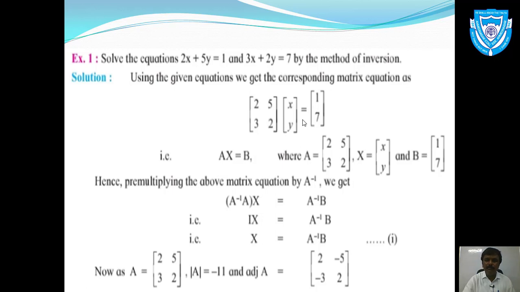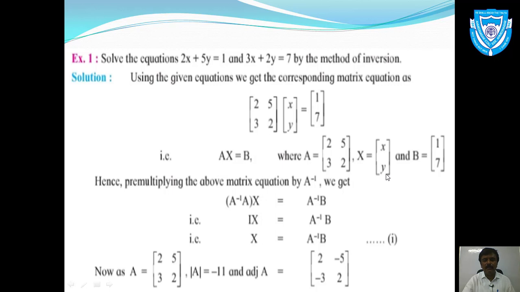Now, after converting the equations into AX equals to B form, in next step, we'll try to find the inverse of capital A, because we know this first matrix, that is 2, 5, 3, 2, is nothing but capital A, that is matrix of coefficients. Second matrix is matrix of variables, that is denoted by capital X, which is equals to x and y.